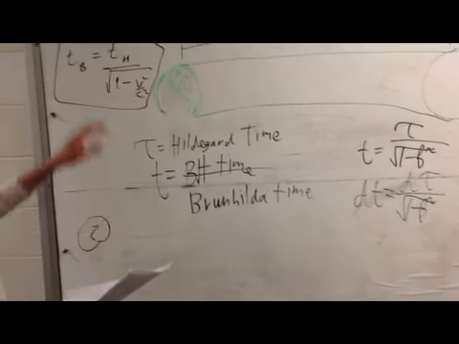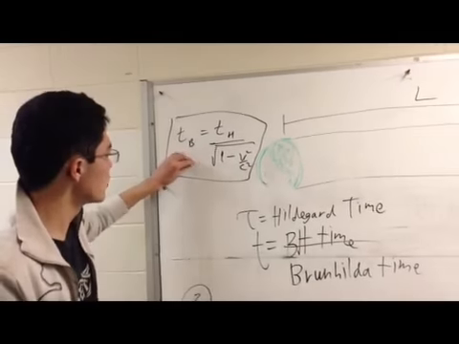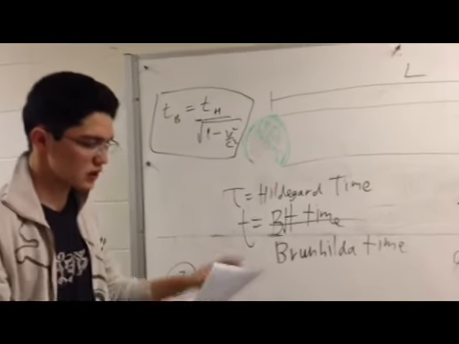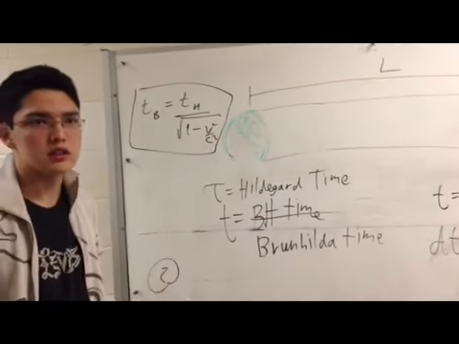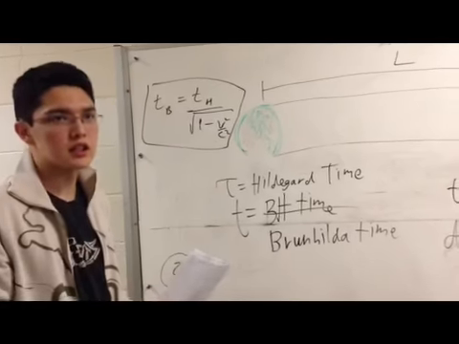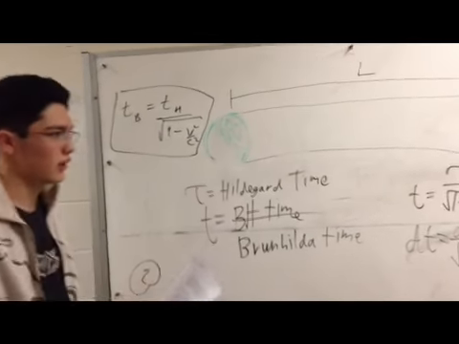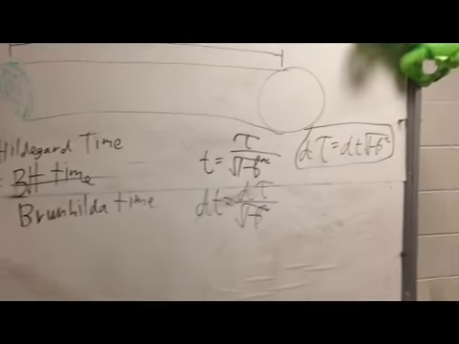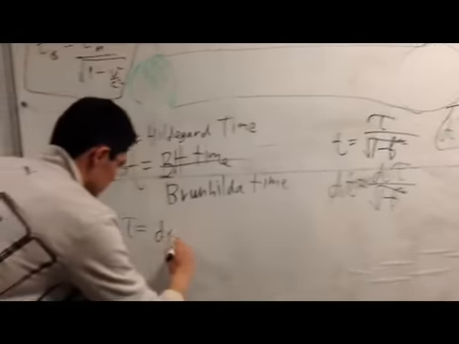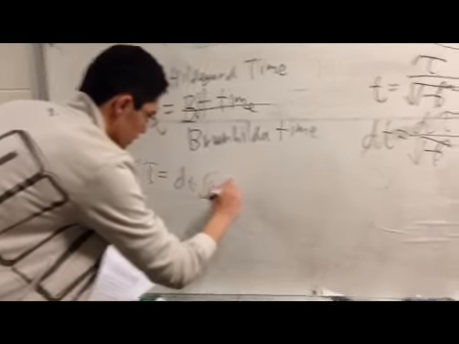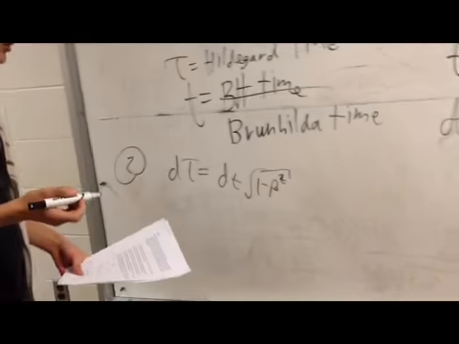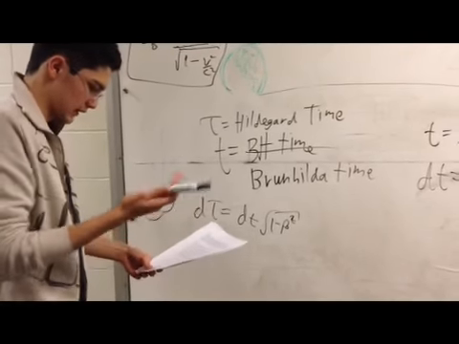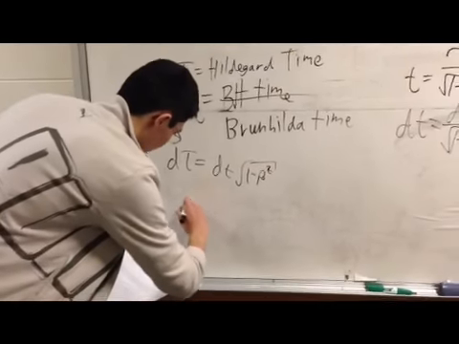This equation works when velocity is constant, because we need to use the velocity. However, here velocity is not constant, because it keeps changing in direction and perhaps even in magnitude. So we have to integrate the equation d tau equals dt times the square root of 1 minus beta squared. We can integrate d tau, because that's just tau.